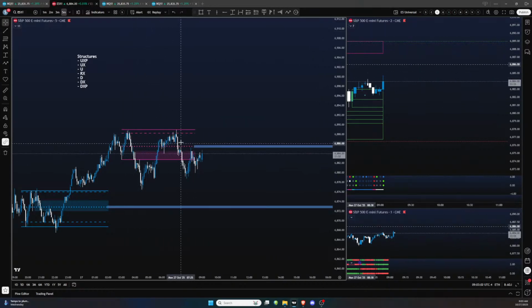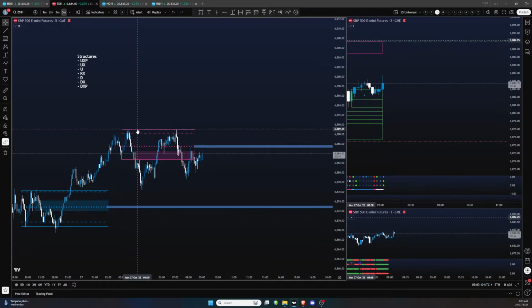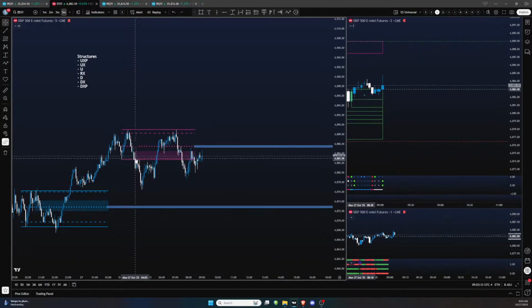Okay, so in this case, in the ODR session, our directionality was short because these levels are important. These 1 hour levels are important. So these edge levels, as soon as they get broken the first time and closed beyond the first time, now we have a directional bias. That's called a short confirmation here.